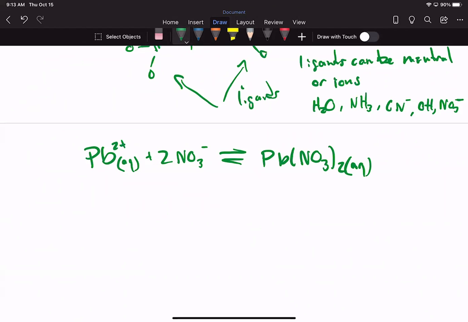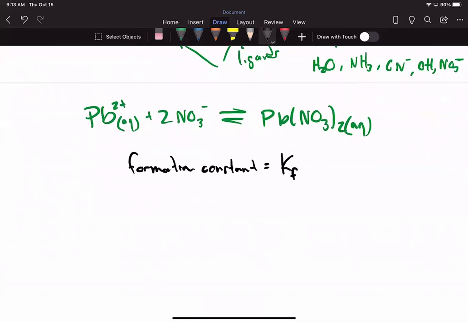So the new K value here is what we call a formation constant. And this is going to be K sub F. So if we look at this reaction here, using our law of mass action, we always do products over reactants.